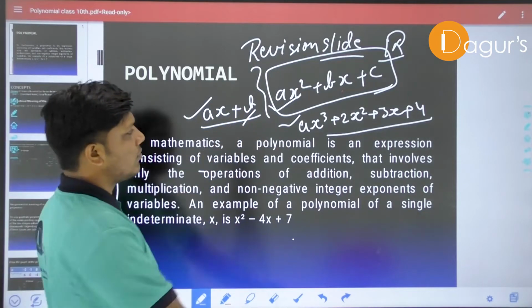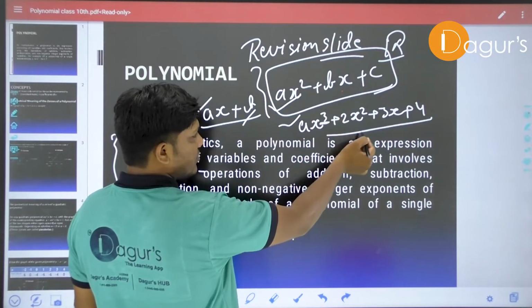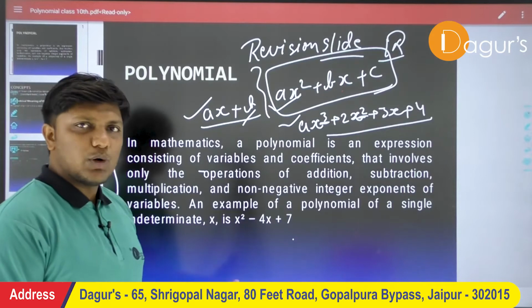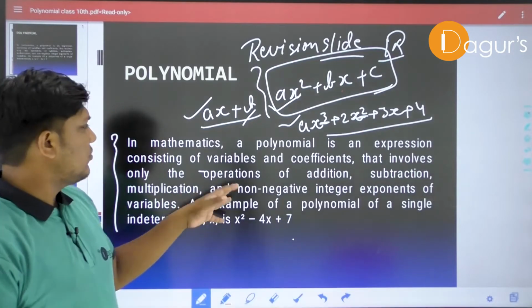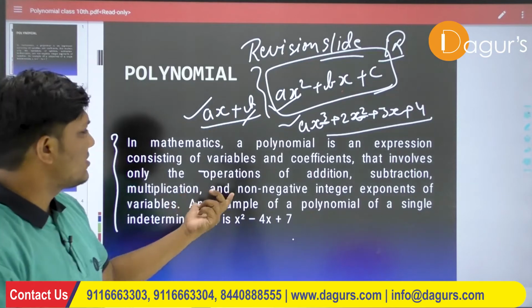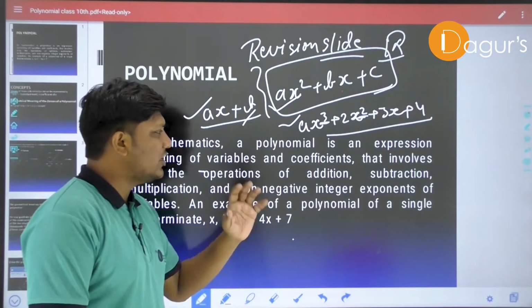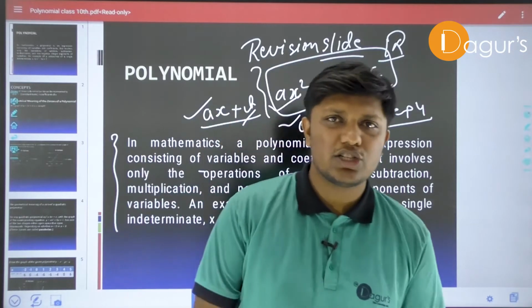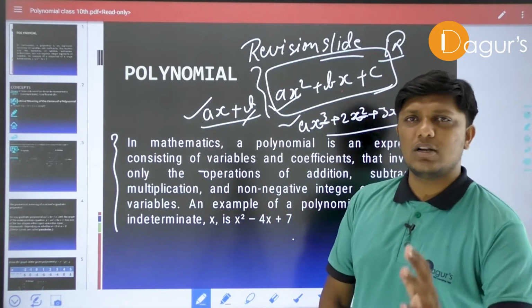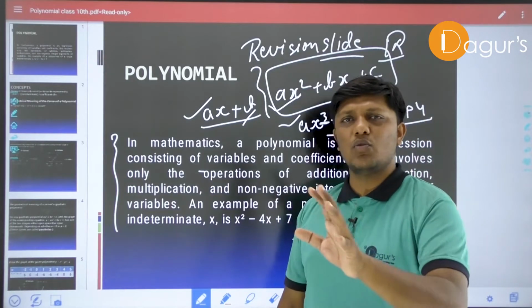Here the exponents are non-negative, and we performed some arithmetic operations, that are addition, subtraction and multiplication also. Is it okay? Now I think the definition and exactly what the polynomial means is clear to all of you.